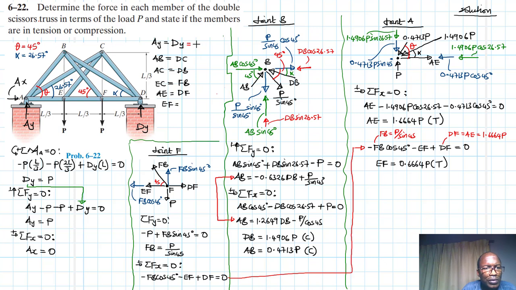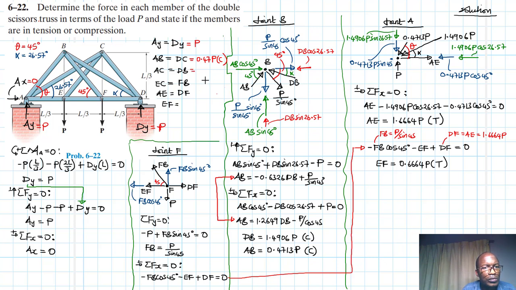AY is equal to DY, which we found, is equal to P. This one was equal to P. This one equal to 0. Therefore, here it is just P. And then AB, which is equal to DC, we found AB just equal to 0.47P, just 2 decimal places for now, and it is in compression.